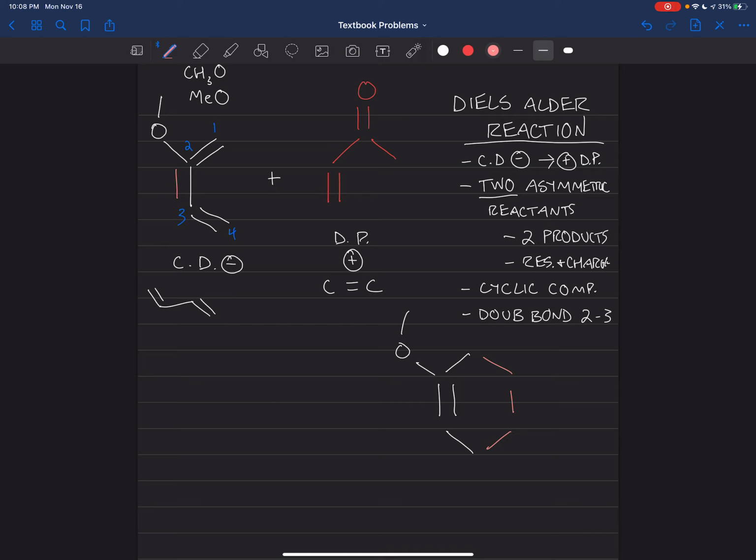So because these are two asymmetric reactants, let's say we don't change anything. We have our original diene. And we have our nucleophile. It's like, hey, what's going on?